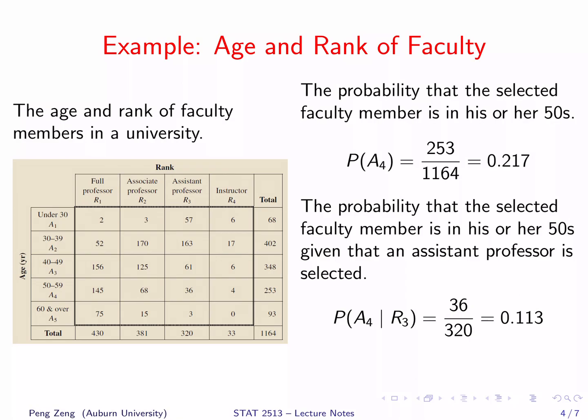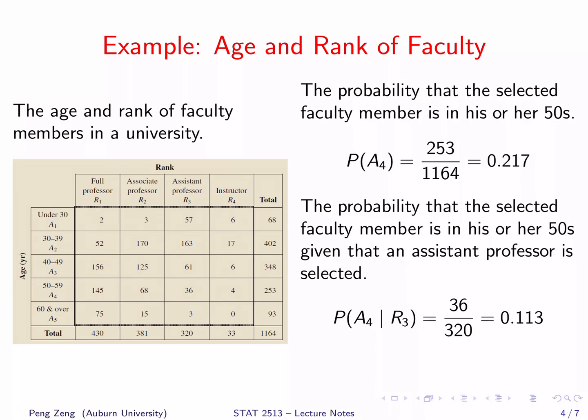The total possible outcome is 320, which is the total number of assistant professors. The numerator is 36, which is the number of assistant professors in their 50s. Therefore, the conditional probability is 36 over 320, which is 0.113.